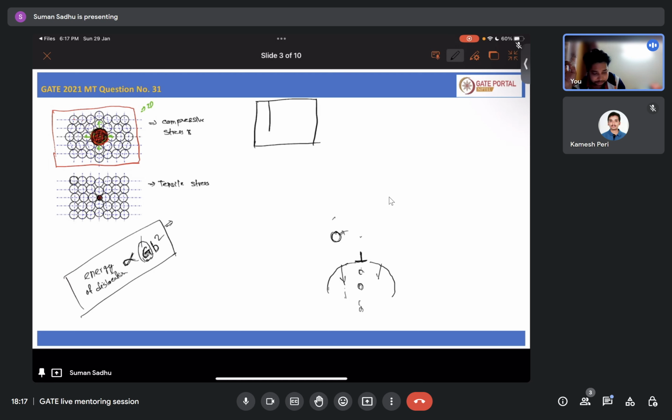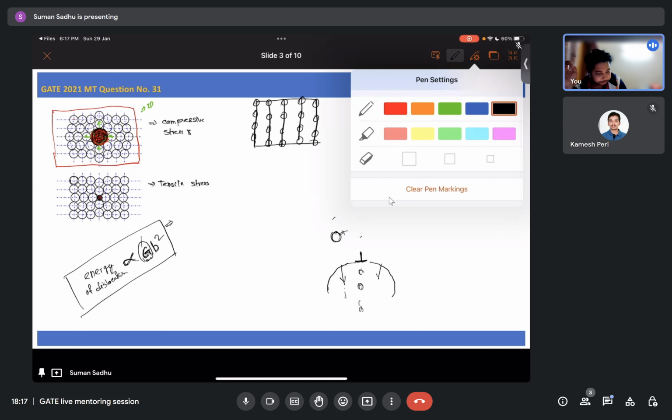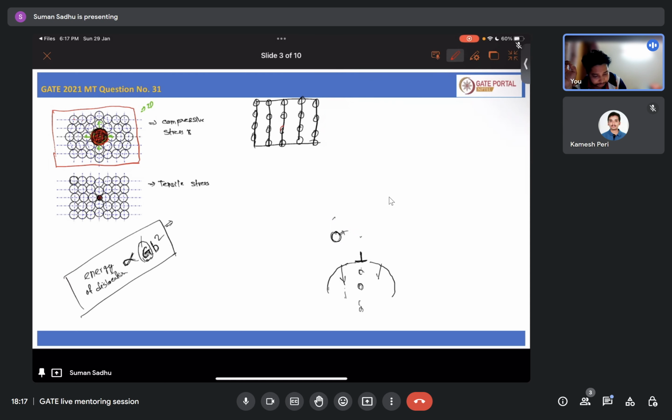So let's say this is your arrangement of atoms near the matrix. Here I am putting another kind of atom. Let's say this atom is relatively softer than the matrix atom.